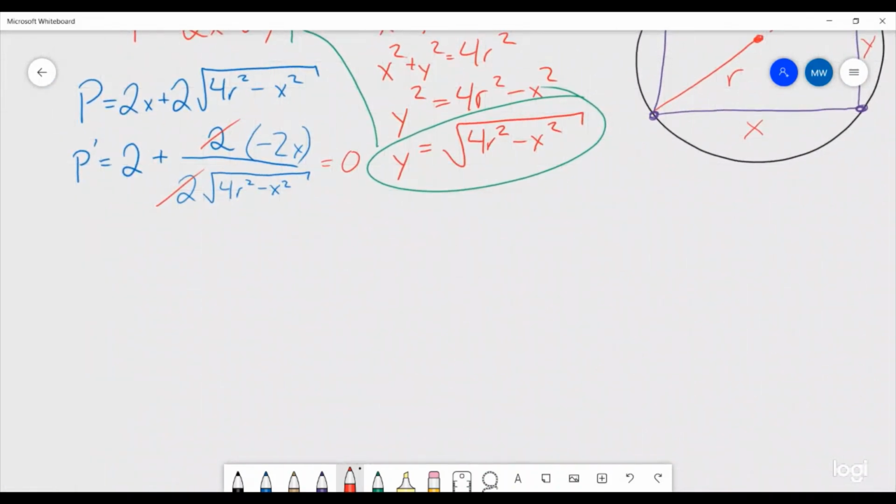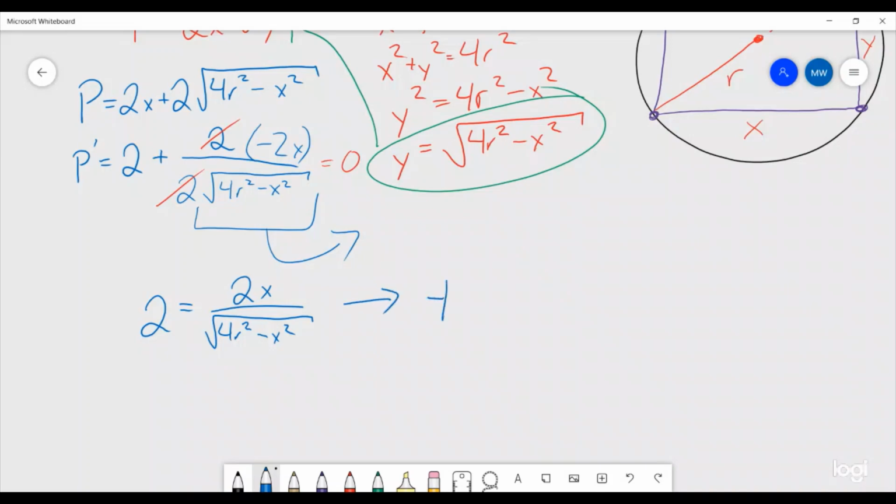So if we add this term over to the other side, we get 2 is equal to 2x divided by the square root of 4r squared minus x squared. And if we square both sides, the equality is still going to be true. So that means that we get 4 is equal to 4x squared divided by 4r squared minus x squared.